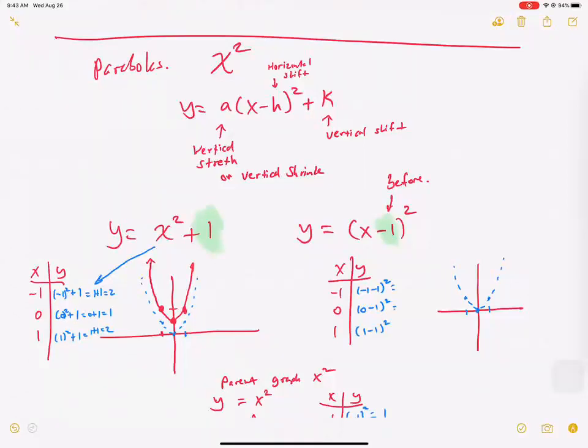And let's look at what's the results of the h change. -1 minus 1 is actually -2, and -2 squared is 4. 0 minus 1 is -1 squared is +1. And 1 minus 1 is 0, which is going to be for us a 0.